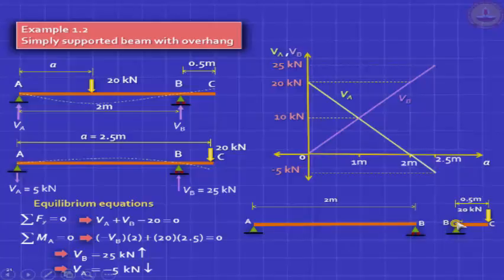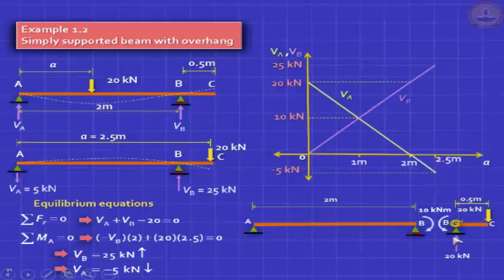And now if you apply a load 20 kilonewton, it's going to behave like a cantilever. You will have a reaction here and a moment there. This reaction is 20 kilonewton. This moment is going to be 20 into 0.5, 10 kilonewton meter. That's a moment. This, by Newton's third law, gets transmitted to AB.